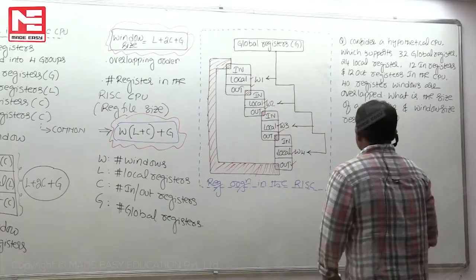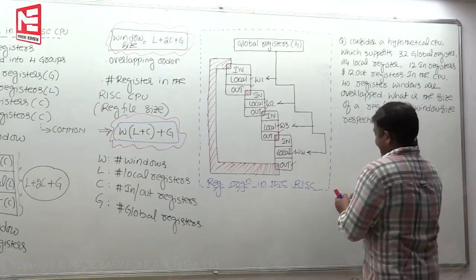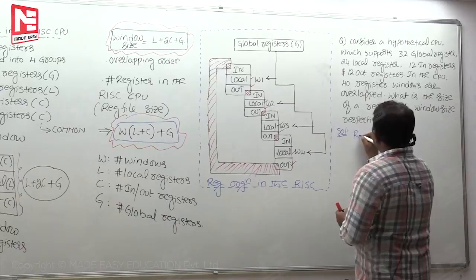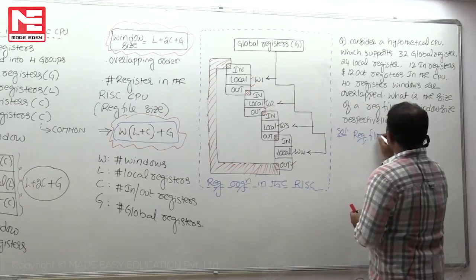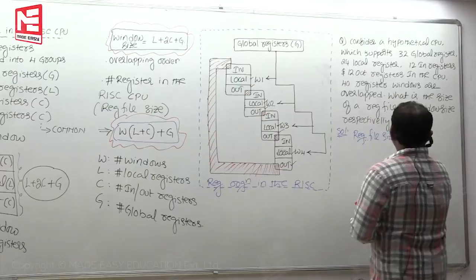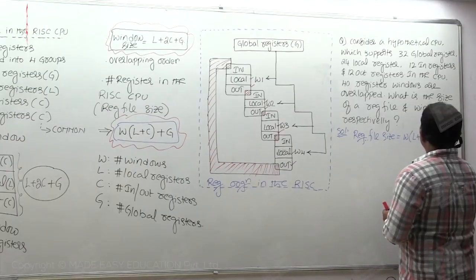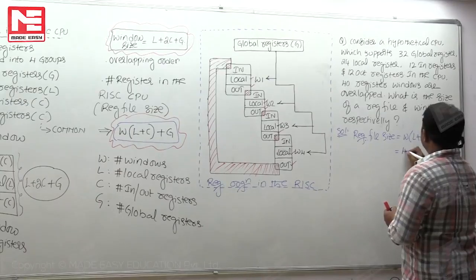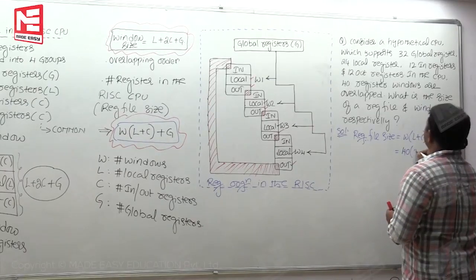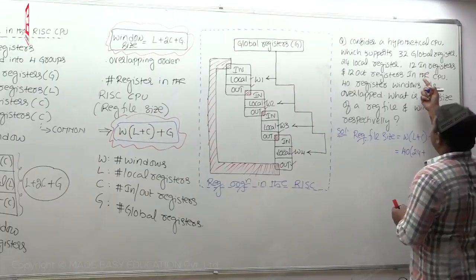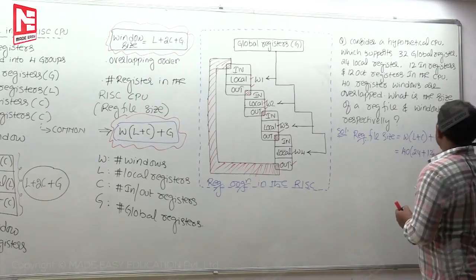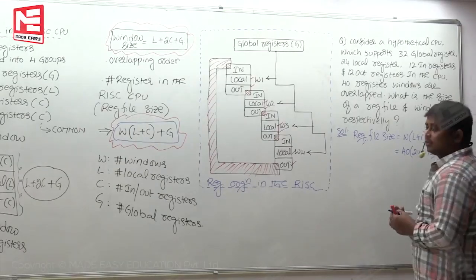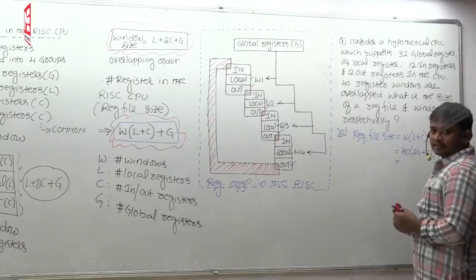Now substitution: first, register file size equals W into L plus C plus G. So W is 40, L is 24, C either in or out, don't take both, 12, plus G 32. Now compute this, that will be the answer.